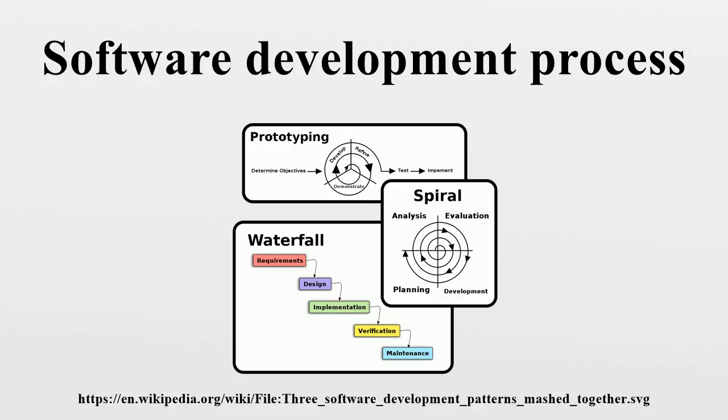1990s: object-oriented programming, developed in the early 1960s, and became a dominant programming approach during the mid-1990s. Rapid application development, since 1991. Dynamic systems development method, since 1994. Scrum, since 1995.